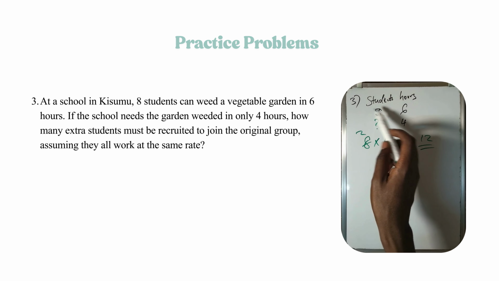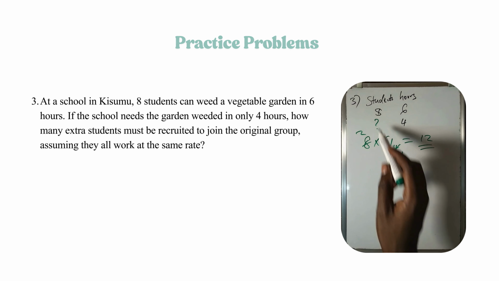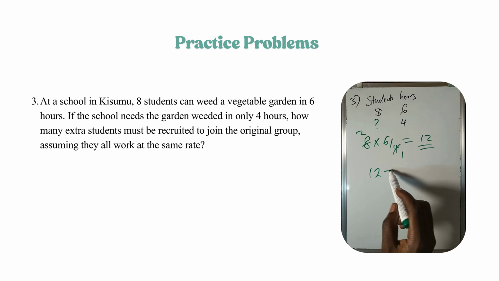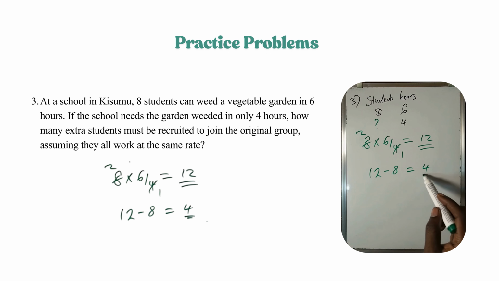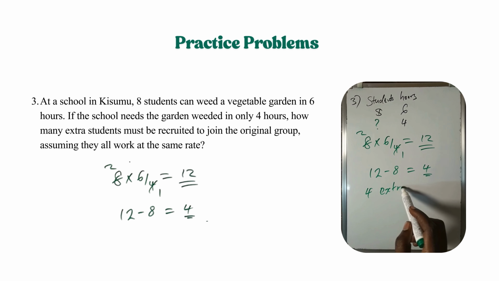But we already have 8 students. How many extra students must be recruited? You already have 8 students and we need 12, so the extra will be 12 minus 8, which is 4. We'll need 4 extra students.